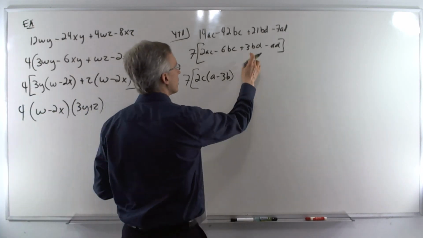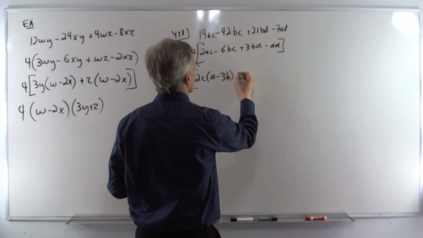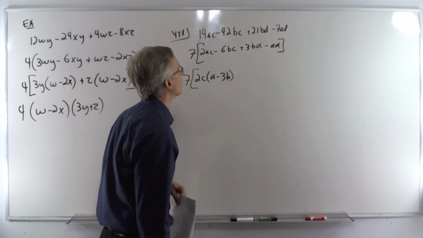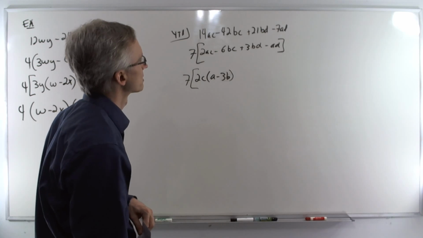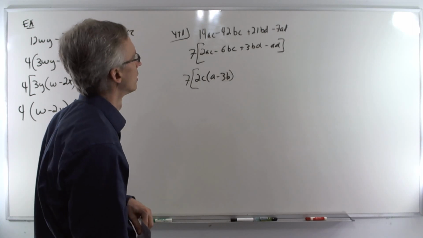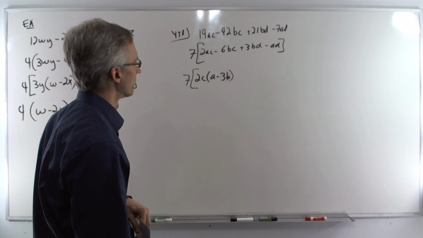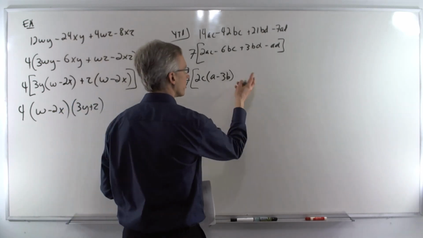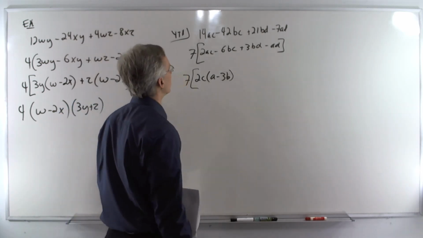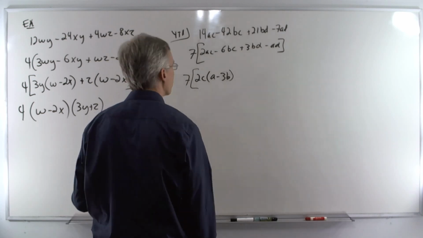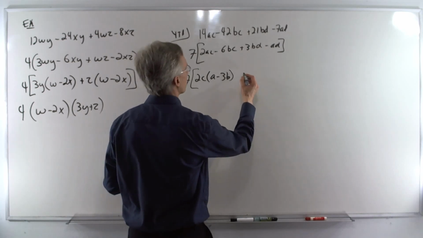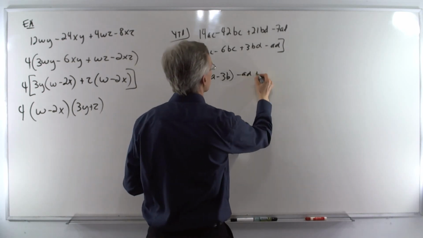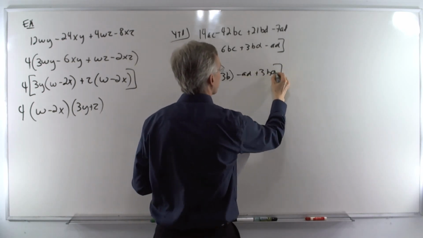And then over here, we don't have them in the same order. So we should flip those around because I'm going to get a flipped binomial over here unless I change the order. So that really should have been the next step, to change the order on those. I'll just do it on this step. So minus ad plus 3bd.